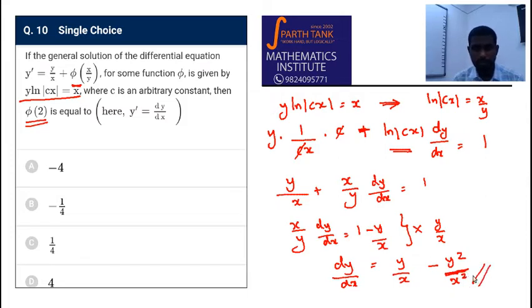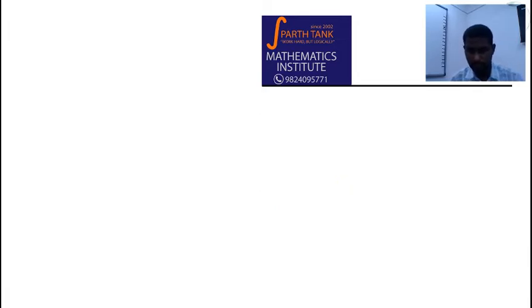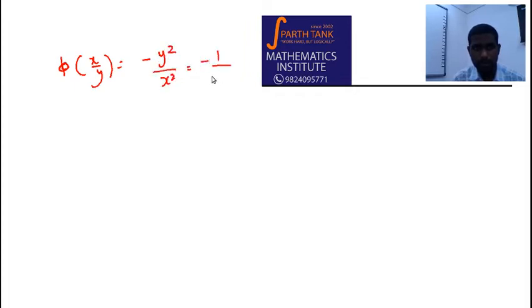So now compare this with the given equation. You can see that dy by dx is equal to y by x plus some function of x by y. So this is that function of x by y. The function of x by y is nothing but minus of y squared by x squared, or rather if I write it in this form, minus 1 by (x by y) the whole square.